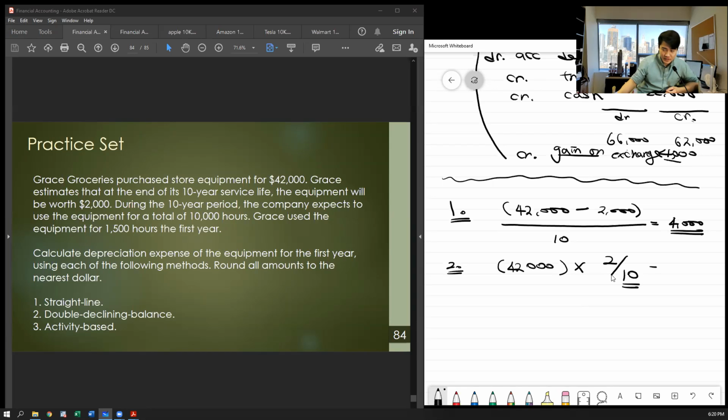So in the first year, the company will report the depreciation expense of, let me do quickly, 8,400. Okay, so that's the first year of depreciation expense following the double declining balance method.